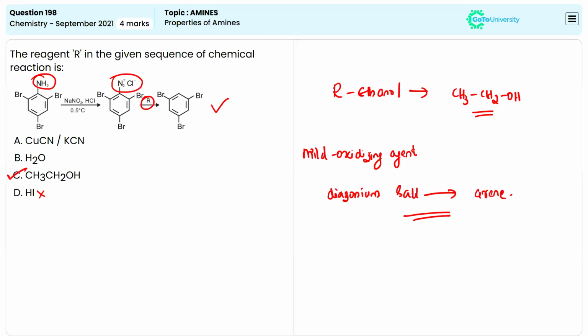And when it is oxidizing the diazonium salt into arene, this ethanol will undergo self reduction as well, right? So it will undergo reduction and produce ethanol. This is the reaction.